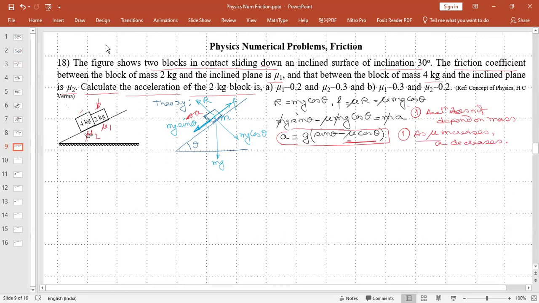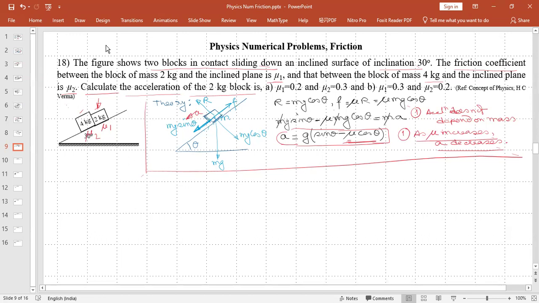The second conclusion is obvious. Mu increases means there is more friction. If there is more friction, then there will be less acceleration.